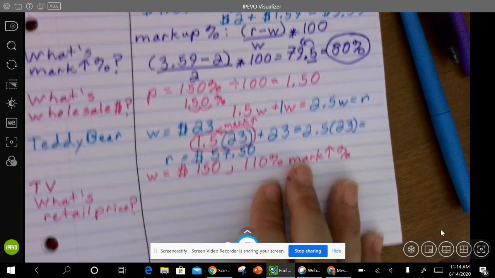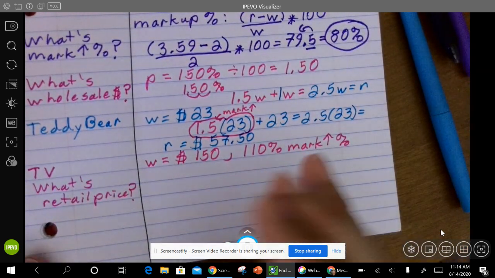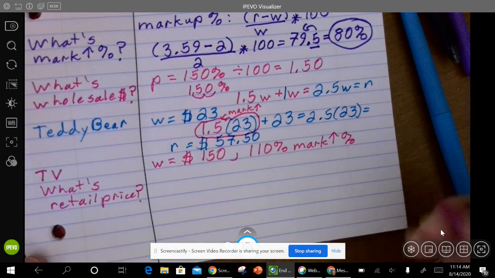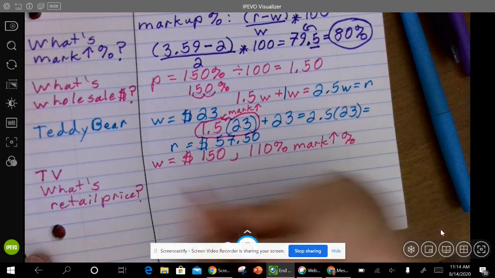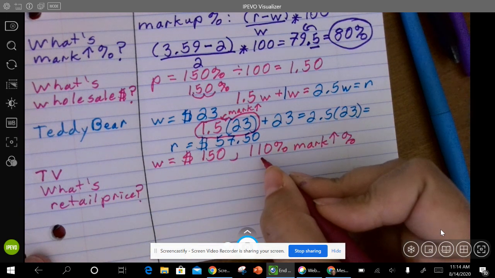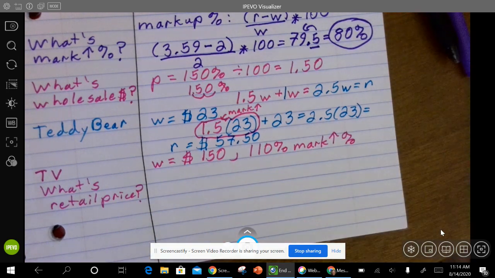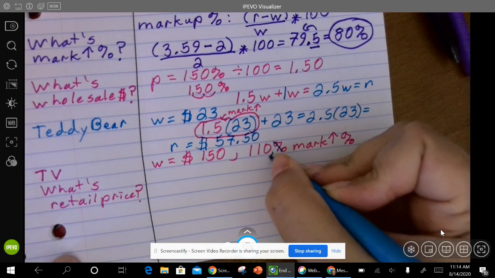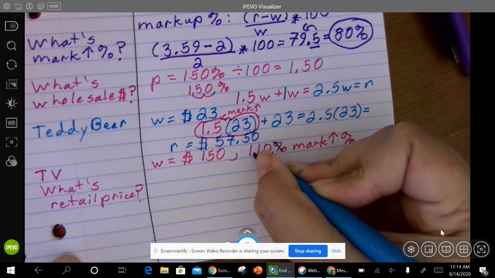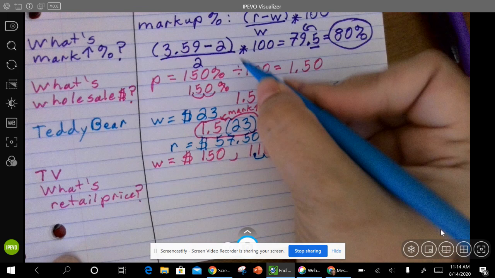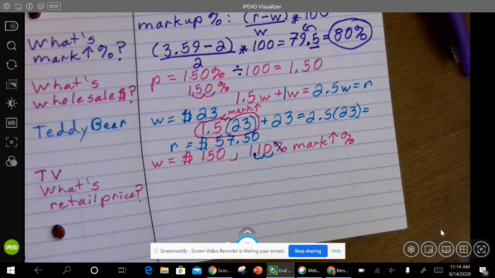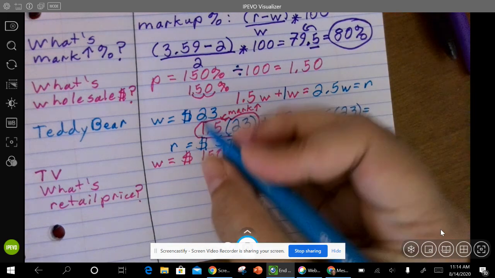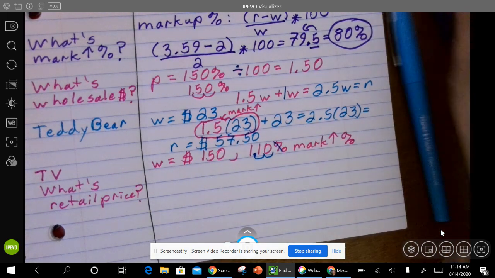We didn't realize you all couldn't see this. So it's going to be $1.50. So 110, everybody. So remember, drop the percent sign and go to the left, at the decimal. Or you can always divide by 100. That also works.